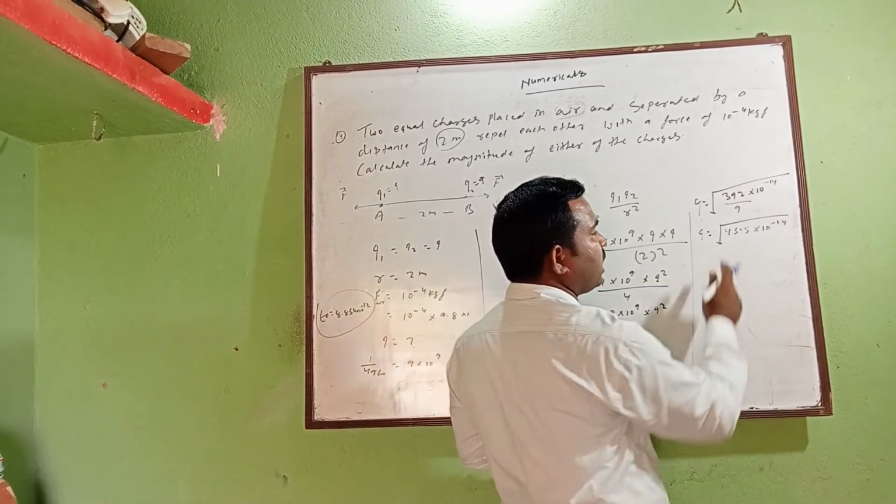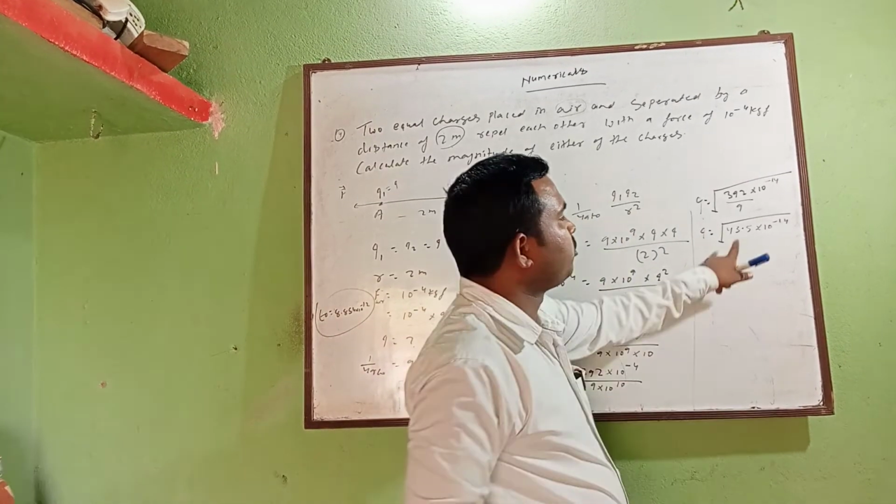You can remove this square root, so Q is equal to approximately 43.